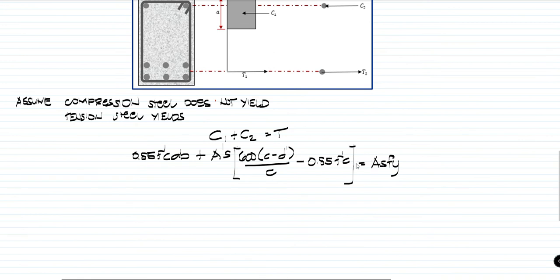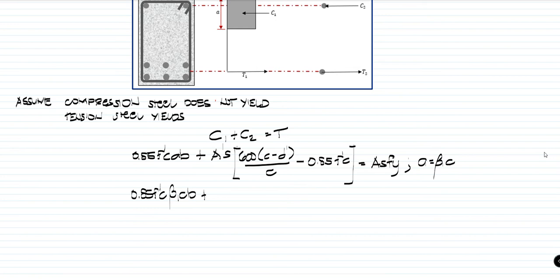So next one, since we cannot solve this kind of equation because there are two unknown variables, let's have another equation, where A we can write as beta 1 C. So, substituting, we have 0.85 F prime C beta 1 C B plus, let's put in the A prime S and the 600.